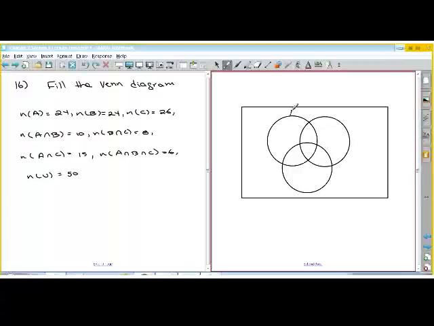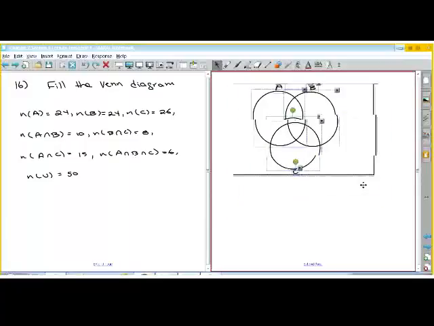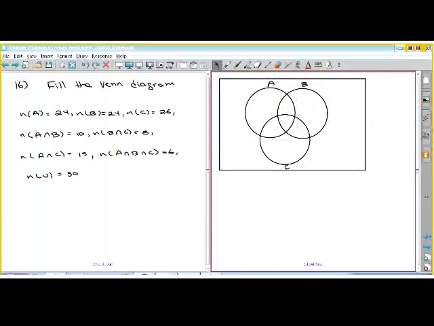So we have our universal set. We have set A, set B, set C. And what we need to do is figure out how to put all the numbers in. So the first thing you always do in these kinds of problems, and I haven't seen anywhere they don't give you this, is start with the intersection of all 3, because that is one specific area that's easy to find.